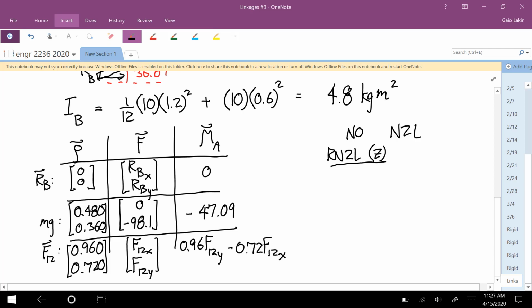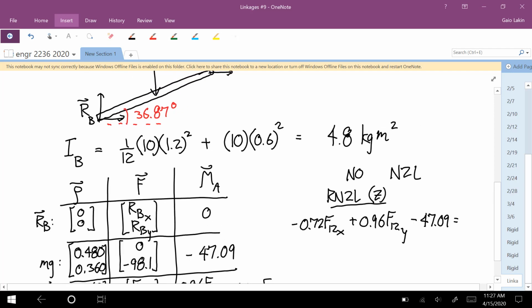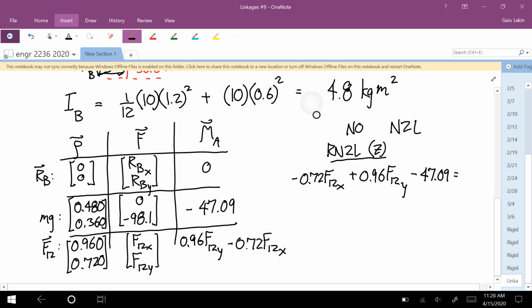And it says, so I'll write it as negative 0.72 F12x plus 0.96 F12y minus 47.09 is equal to the mass moment of inertia, 4.8, times alpha for body 1. Okay.